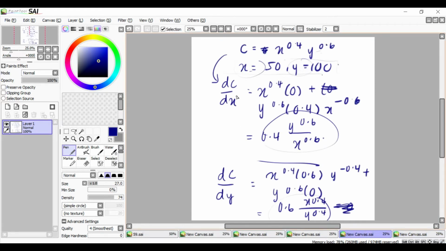Having gotten the differentiation, we're just going to sub x and y into these.